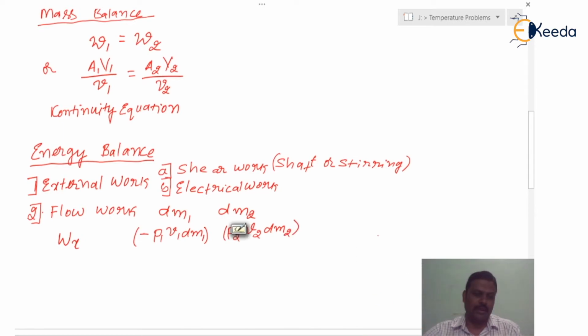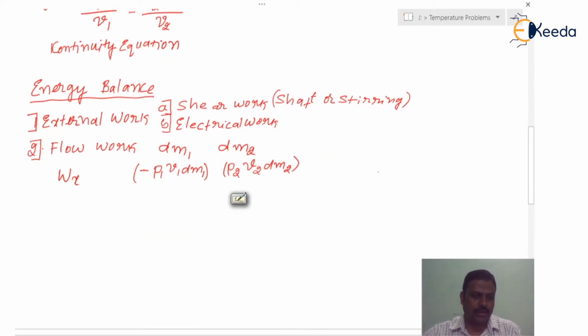Here the negative sign indicates work is done on the system, that is flow of mass at inlet, P1 V1 dm1, is negative because here work is done on the system.